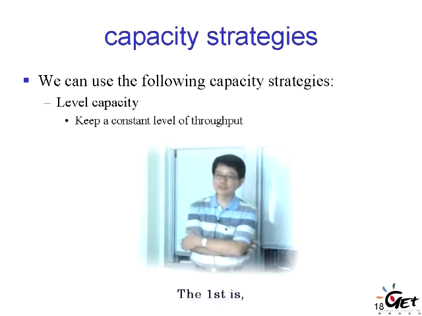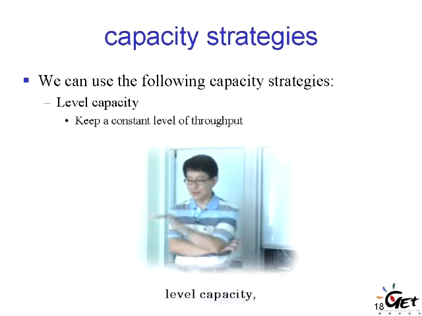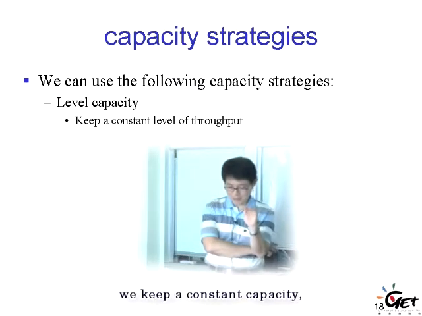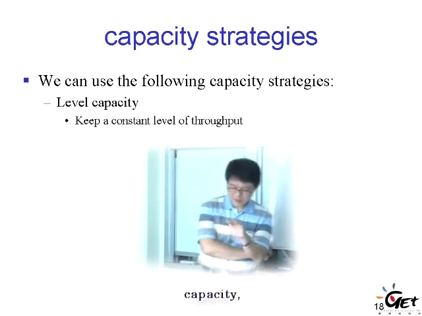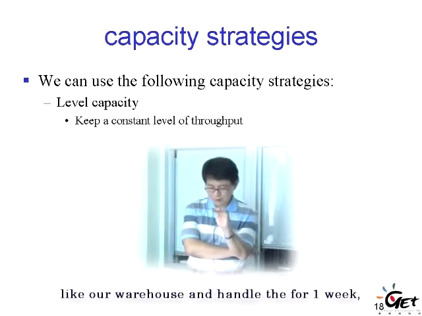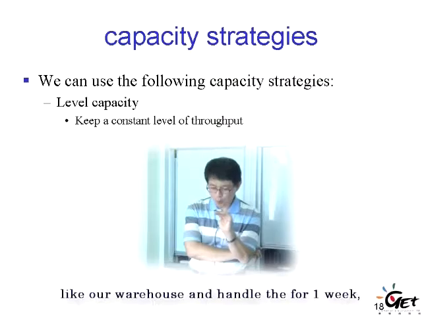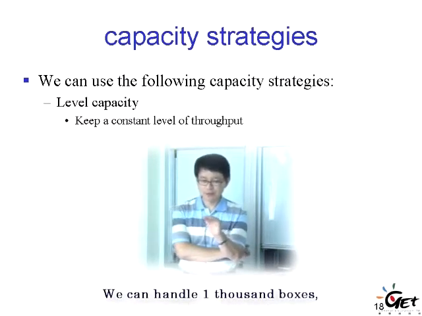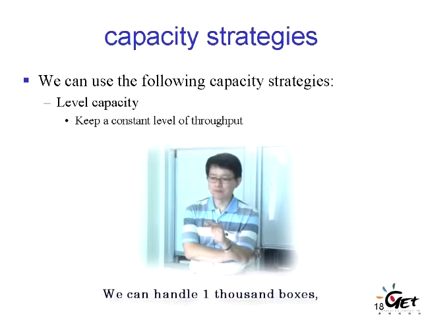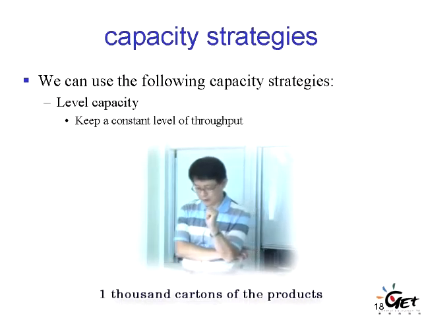The first one is we set up a constant capacity, level capacity. That means we keep a constant capacity. For example, the capacity that our warehouse can handle for 1 week: we can handle 1,000 boxes, 1,000 cartons of the products.